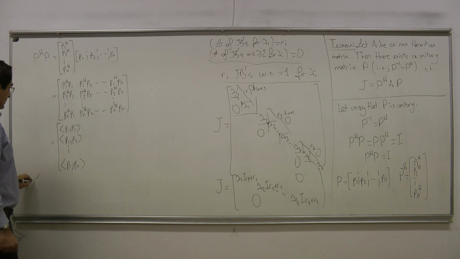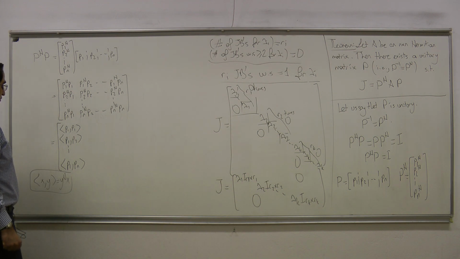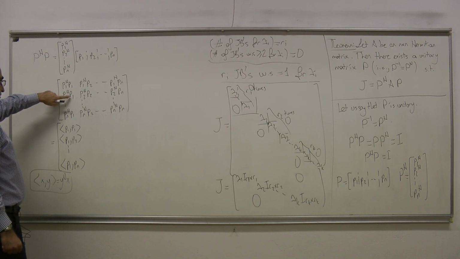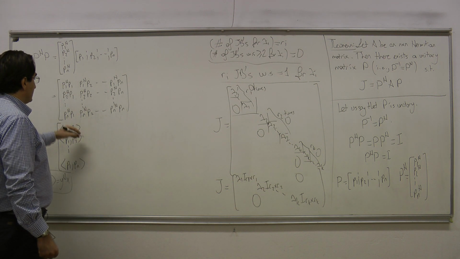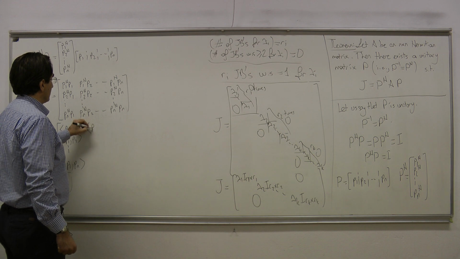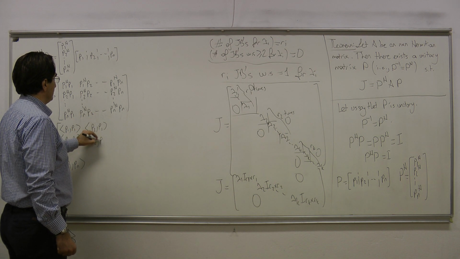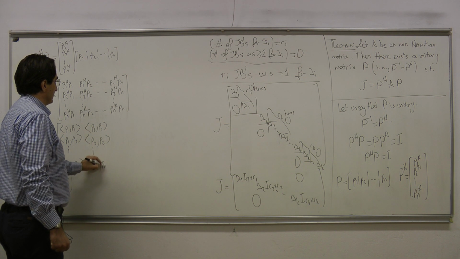Remember our inner product definition, the inner product of x and y is equal to y Hermitian x. As a result, this entry is nothing but the inner product of P1 with P2. Then I can write the other terms: P2 with P1, P2 with P2, and I can continue in this manner, P2 and Pn.